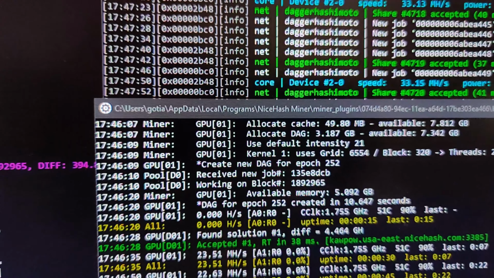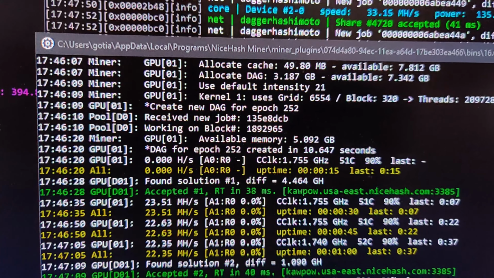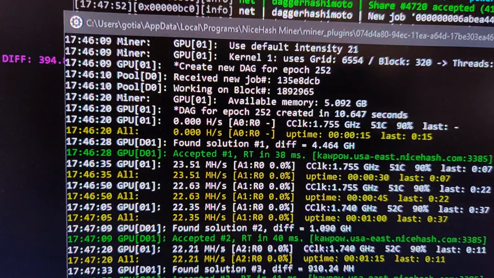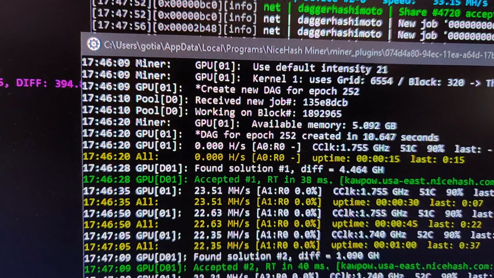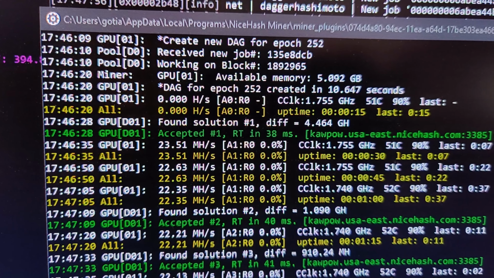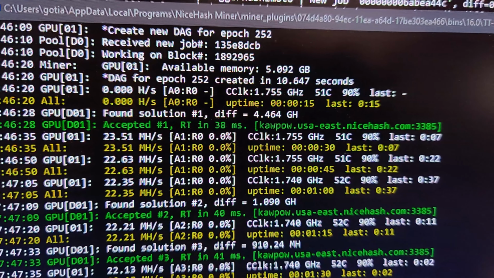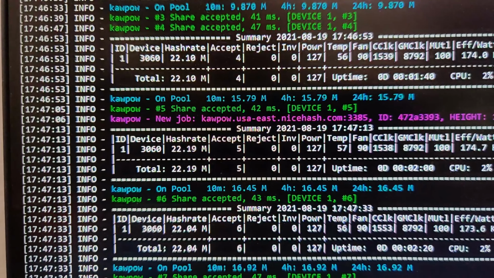Now let's take a look at the 2070 right here. It's mining just fine. This algorithm's a little bit harder for me to read just because it doesn't block it out like the other one does. You see that it's sitting right there at 22 mega hash a second. It's almost identical to my 3060.